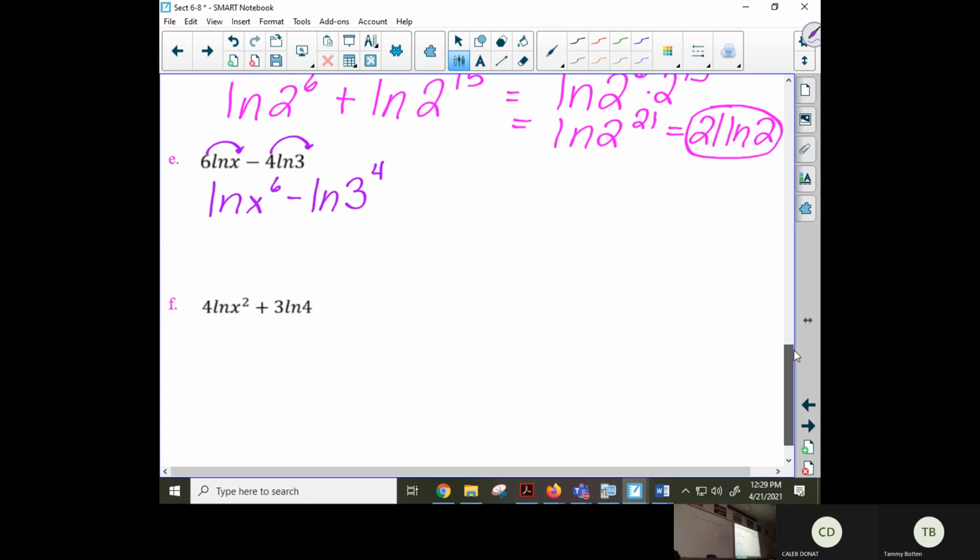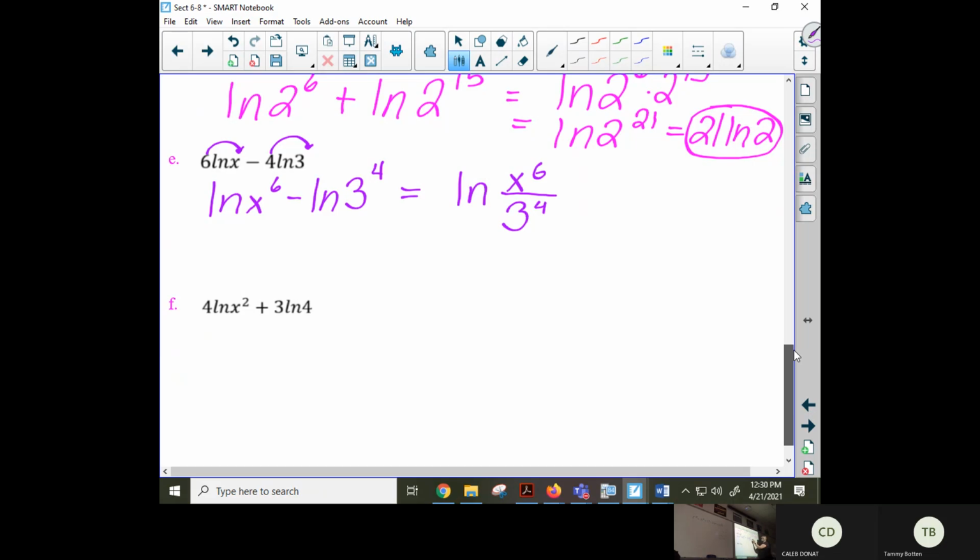Okay. What do you do with those two if you're undoing a subtraction? You divide. So we're going to say that's equal to the natural log of x to the 6th over 3 to the 4th. Okay? All you have to do on this one now is get rid of that power, and we can't just bring it out front because that's a division.